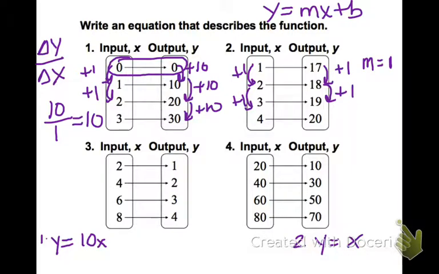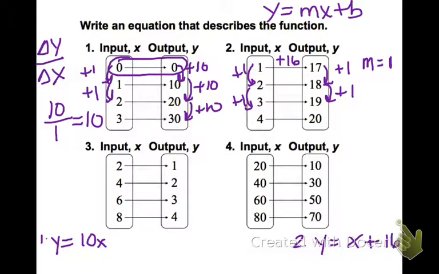So 1 times 1. And then how do I get to 17? Right? Well, 1 plus 16 is 17, right? So if I add 16 to this value of x, because the coefficient 1 is what I'm multiplying, and then I try it out.